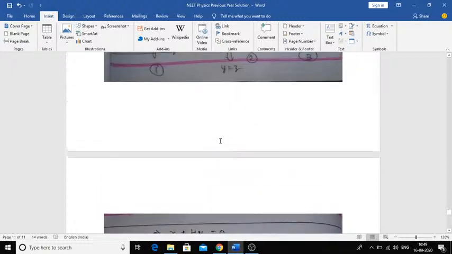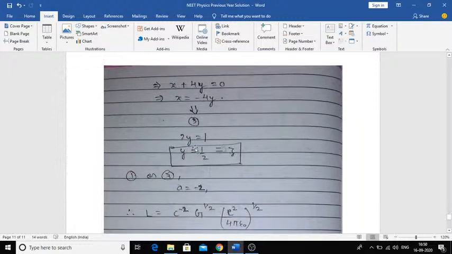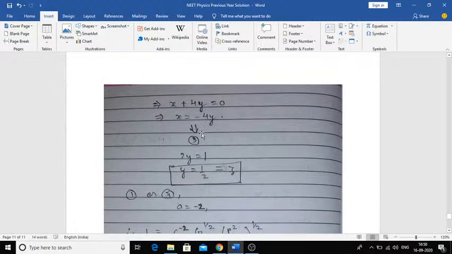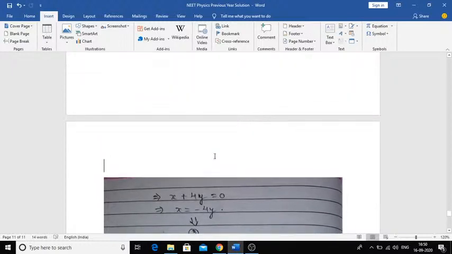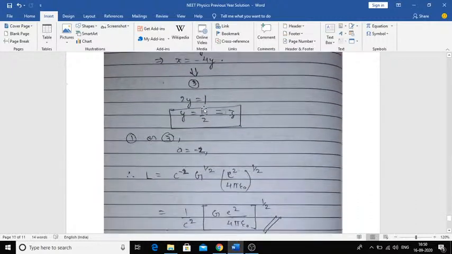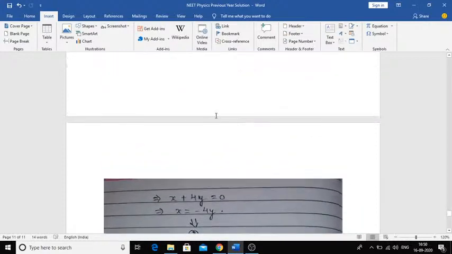Okay, and now you can go to equation number 1. So this will give you 2y equals 1. How will it give you that? See here you can write x equals minus 4y, and here also you can write 2y, right? Because here it is already z, and z can be written as y. You know that y equals z. So this will give you y as half, and similarly z will also be half, because you know that y equals z.